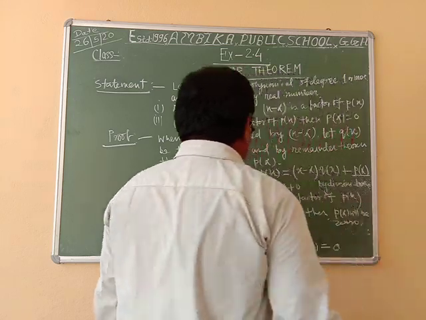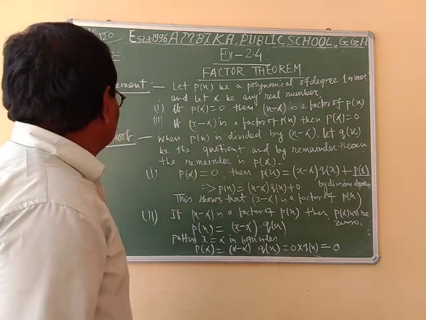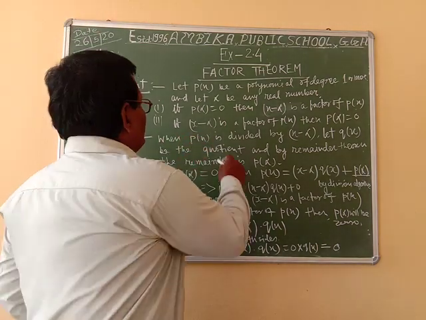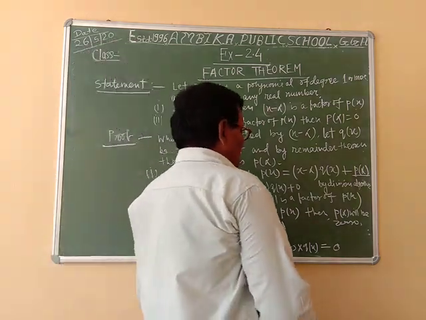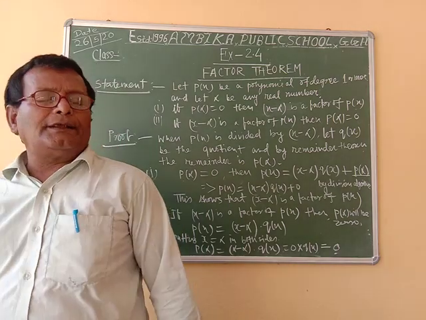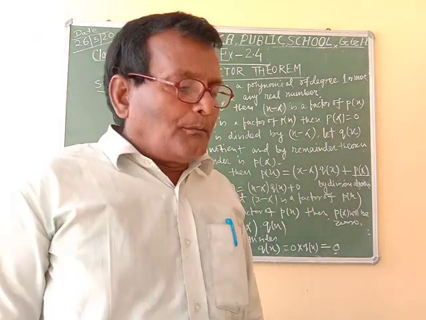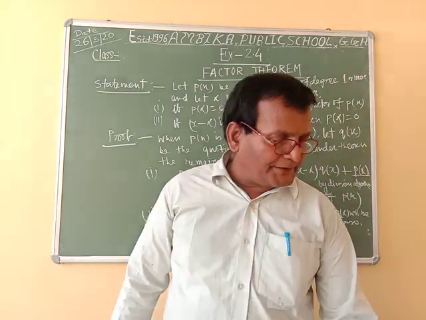So it is verified that if x minus alpha is a factor of Px, then P alpha = 0. Using this theorem, you can solve the problems given in this chapter.